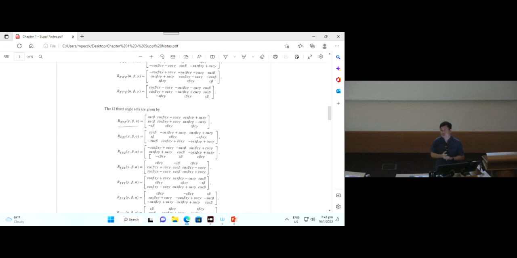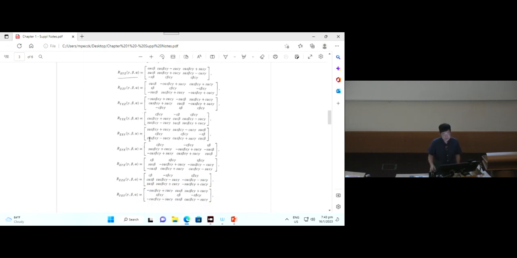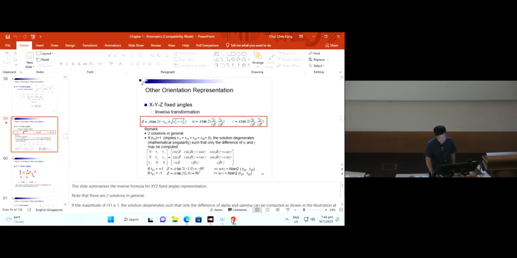It's a rotation sequence. So with a different rotation sequence, you will end up with a different matrix. These are the 12 angle sets that you get to see on the supplementary notes. This is picked up from the textbook.